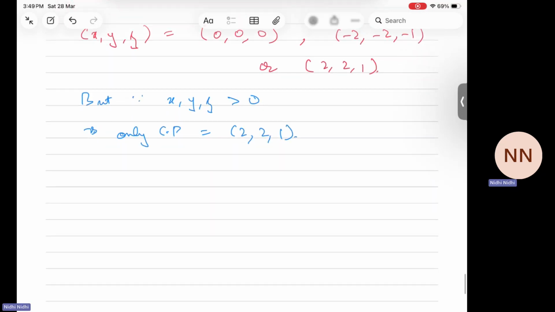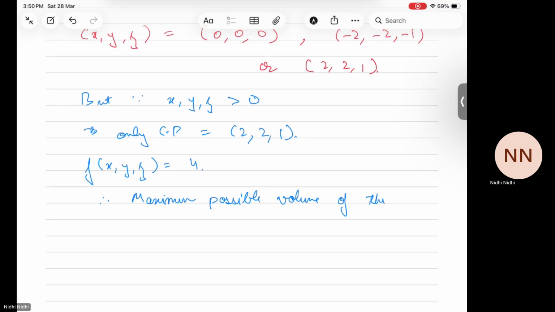And at that point, the value of the function f(x, y, z) is 4. Therefore, the maximum possible volume of the box is 4 meter cube. Therefore, option D is correct.